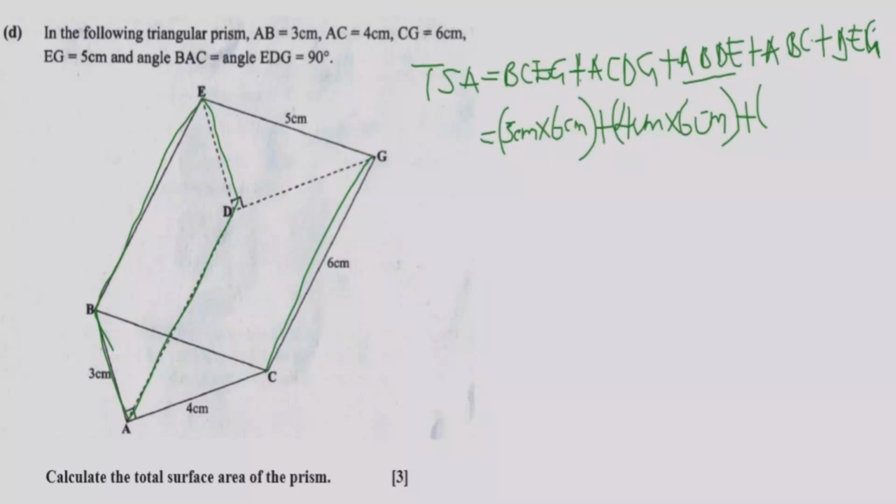So we multiply this 3 centimeter times 6 centimeter, because we know that this is also 6 centimeter. So we say 3 centimeter times 6 centimeter. Okay, then close bracket, then plus.